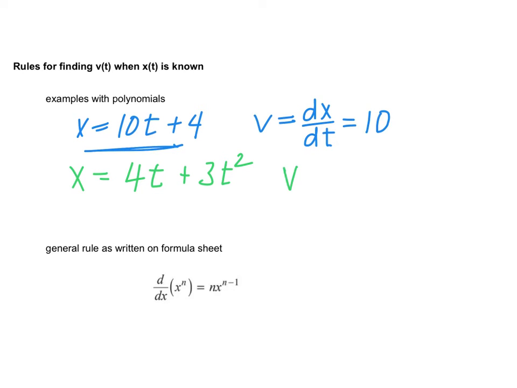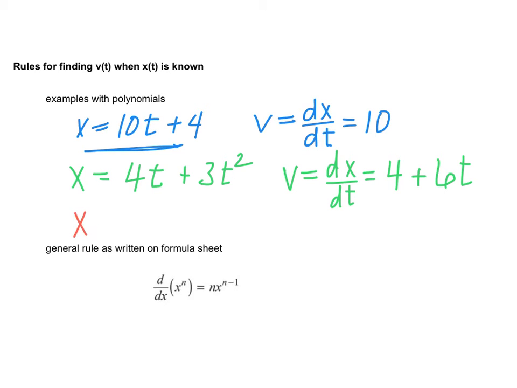Then it turns out that if I wanted to find the velocity function, which again is called dx/dt, the derivative of position with respect to time, here's what the answer is: 4, same sort of pattern, plus 6t. I'm going to do one more here. Look at this pattern.